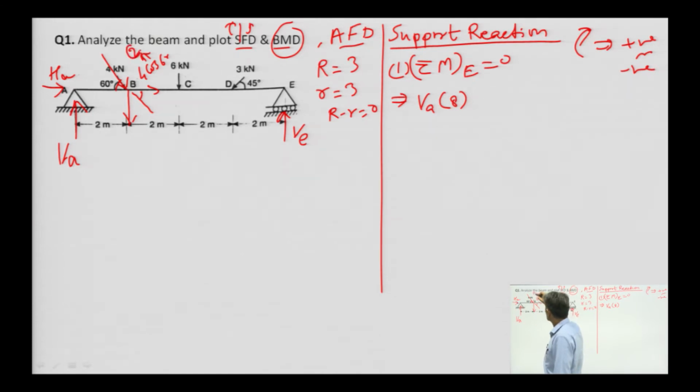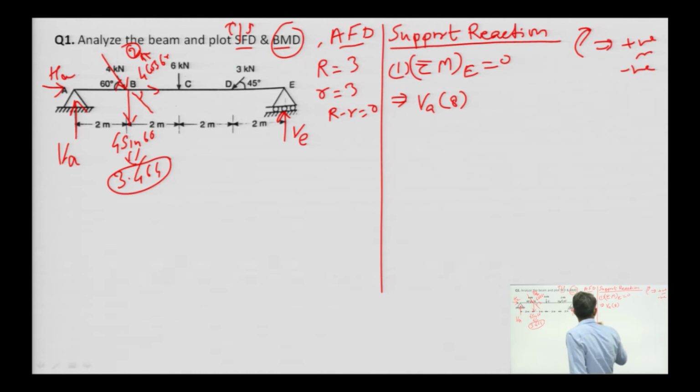And this other component is how much? 4 sin 60, 4 into sin 60, it comes to be 3.464.